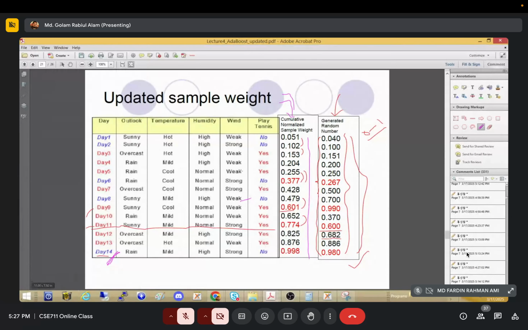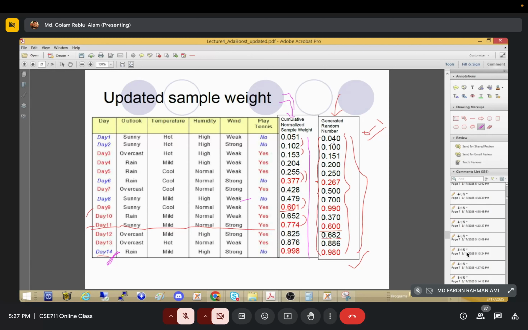Like the random numbers I have generated are 0.7, then 0.2, 0.3, 0.6, 0.04, 0.5, like this way. Whatever is in my mind at that moment, I can just consider those as our generated random numbers. That is, I have to generate 14 random numbers.